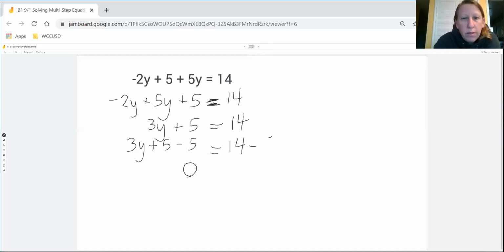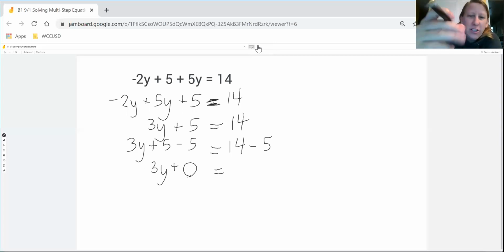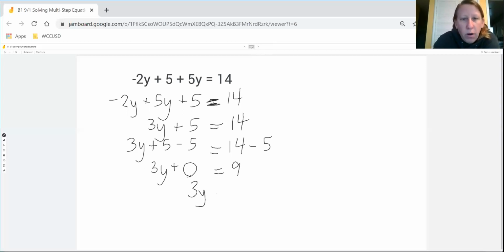I have to keep it balanced, so I'm going to do it on that side too. 14, 13, 12, 11, 10, 9. Okay. Whew. Almost did that wrong. Okay, 3y and 0 is 3y, identity property of addition.